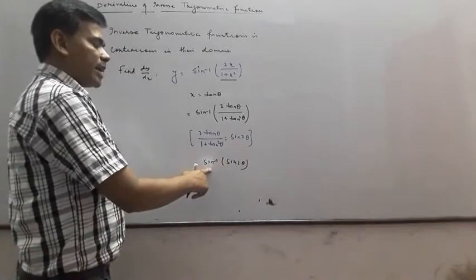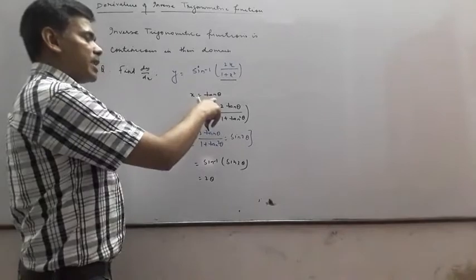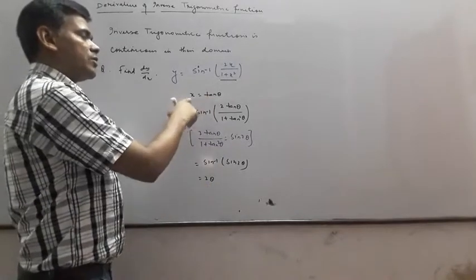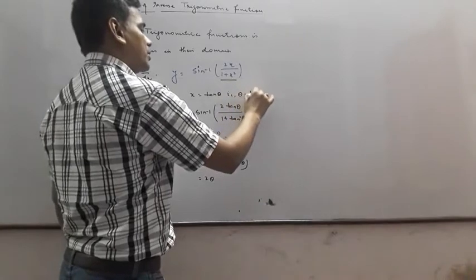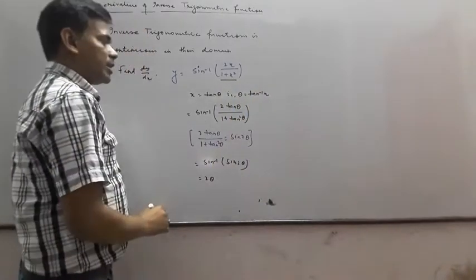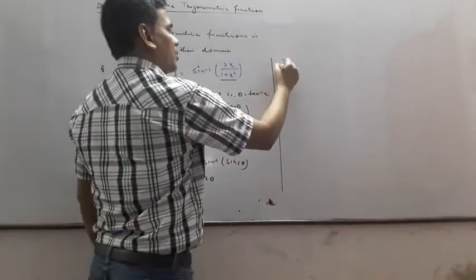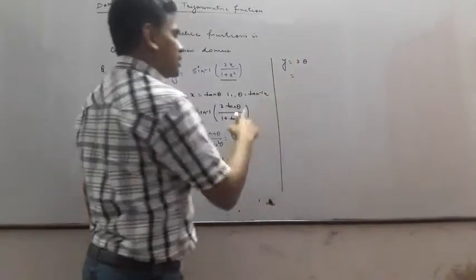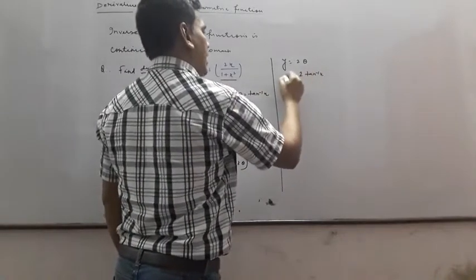And already you know sine inverse sine theta means theta, so here 2 theta. Now you will have to replace this theta with tan inverse x, because here we said x equals tan theta, so theta equals tan inverse x. Then in the next step we write y equal to 2 theta, where theta is tan inverse x, it means 2 tan inverse x.